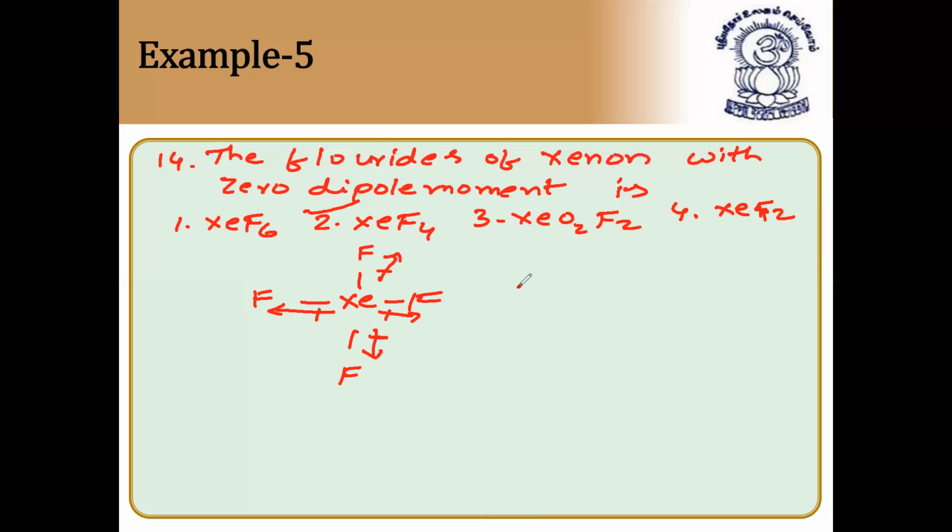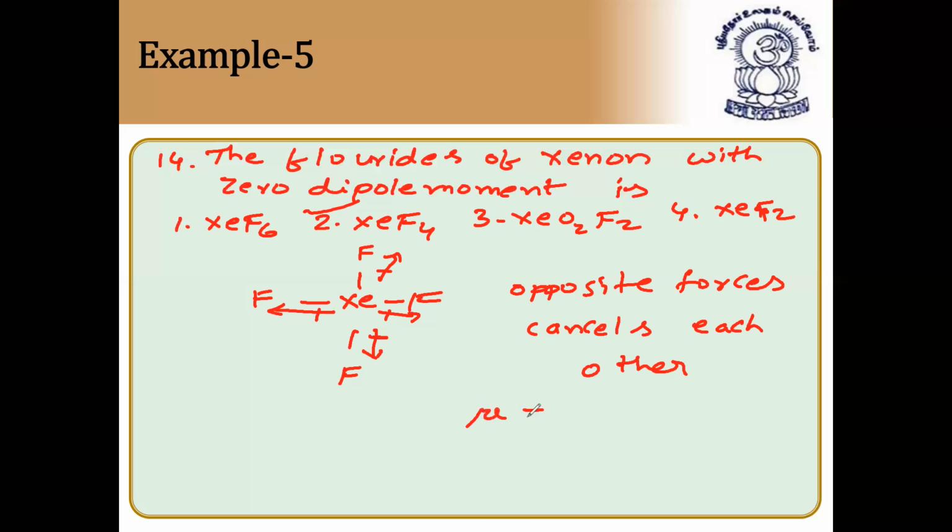So opposite dipole moments cancel each other. Due to which mu is equal to 0. That is, the dipole moment is equal to 0 for this compound. I hope it is clear. So the answer is the second option, xenon tetrafluoride.